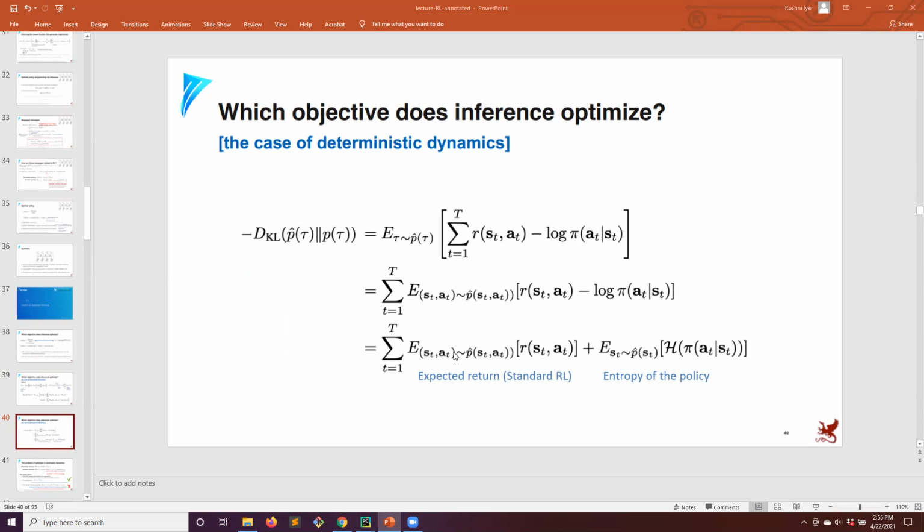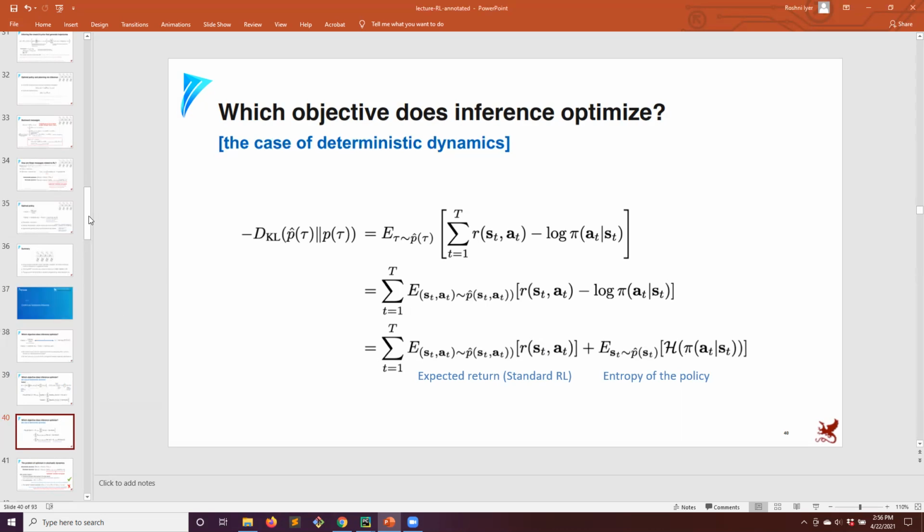After that, we see that this term here, which has to do with the reward, we split the expectation, and this log pi function of the policy, we just rewrite this using this H function here. That's doing the same thing. And when we have this form, this is actually in a recognizable form. This part is the standard RL form where we have this expected return, which I talked about in the very beginning.